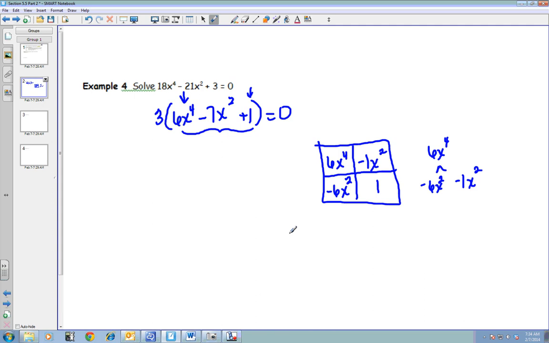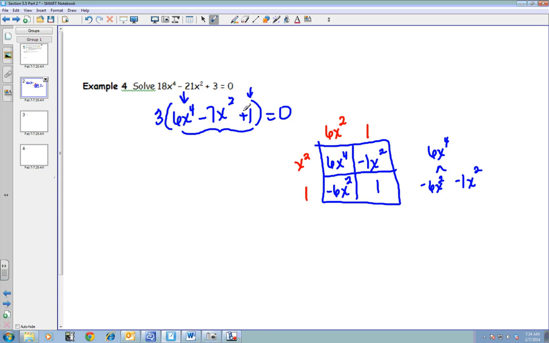Okay, and I am going to factor out what I can. So going this way, I don't have anything in common, so it's going to be a 1. Going this way, they have an x squared in common. Going up and down, they have a 6x squared in common. And going up and down this way, they have a 1.